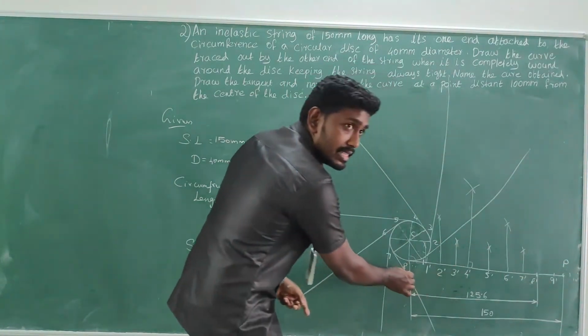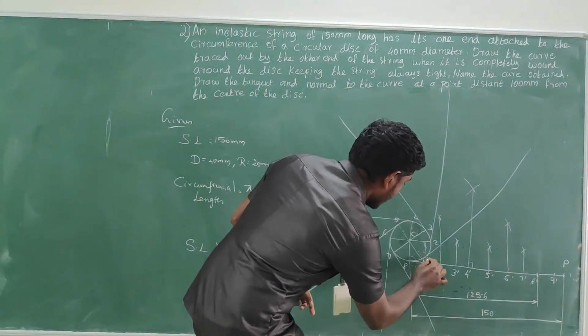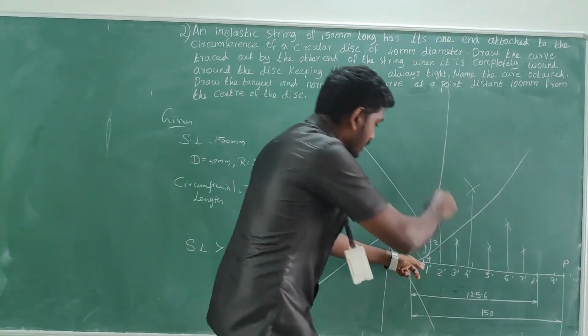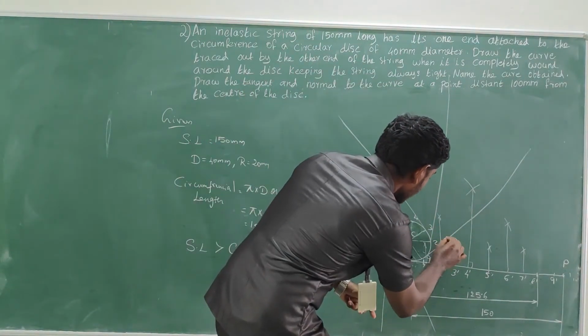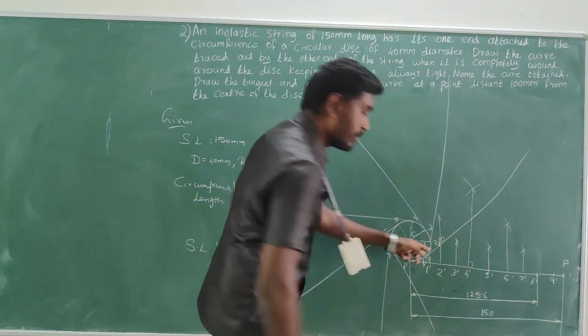So this is the 8th one, and if I take 9, it comes here at the first point, and if you take the 10th point, it comes here at the second.